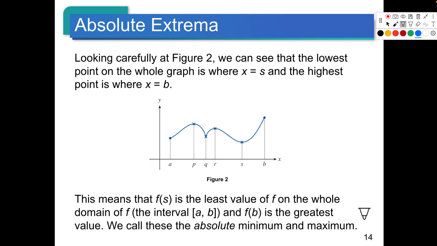So now we talk about the absolute, and it's just got the definition that if we're on some interval, and again, these have closed brackets, so that means the closed interval, A and B are both included, that in this case, at the endpoint, we actually get the absolute maximum, right, the highest point.